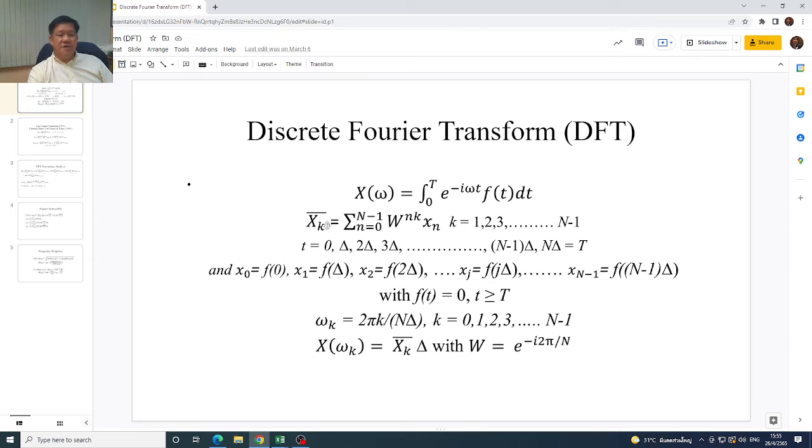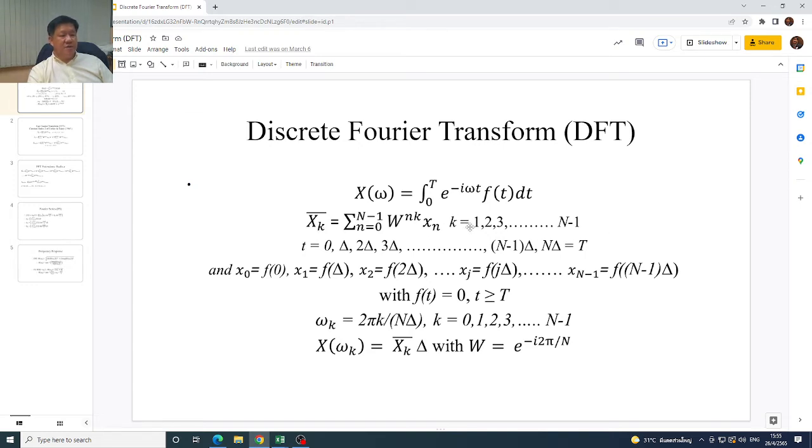And you can see that for each k, it requires a summation of multiplication terms, since small n is equal to 0 to n minus 1. So for each k, you require capital N multiplications and capital N summations. And how many k?